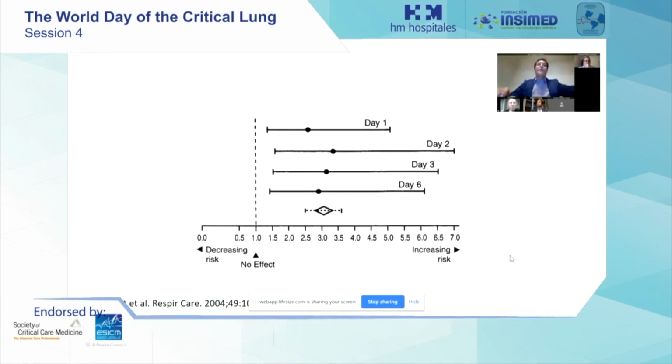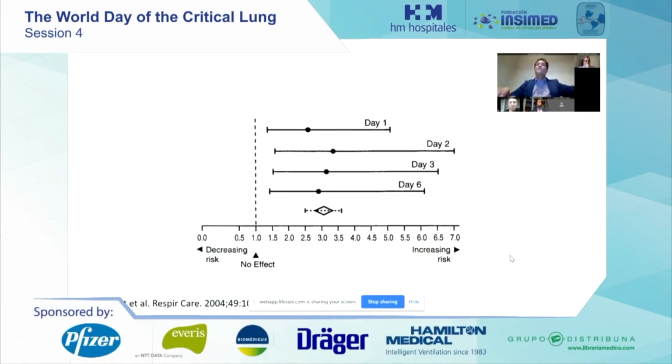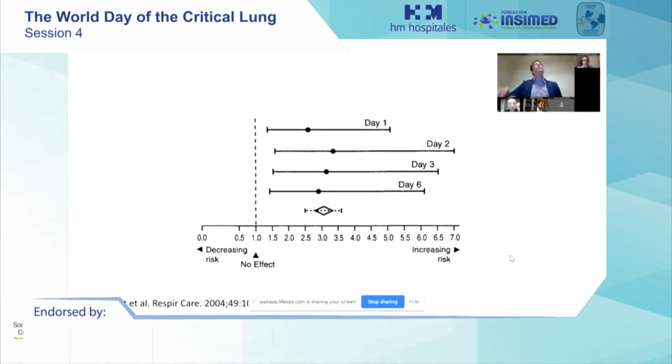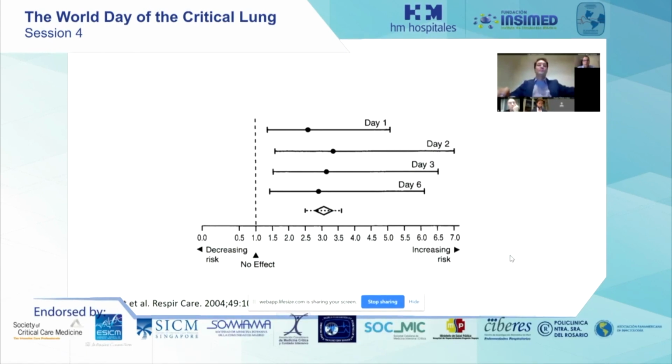In the follow-up study by Kallet and colleagues, they showed also that dead space fraction was associated with mortality in the posterior days of ARDS. Although the most significant feature here is in day one, also day 2, day 3, and day 6 still show some association with mortality.